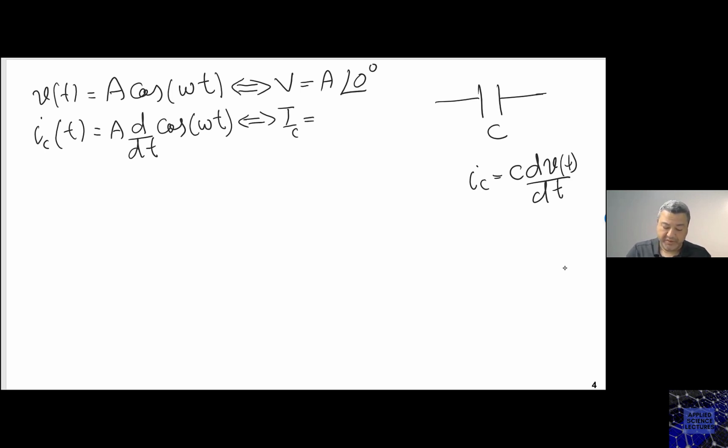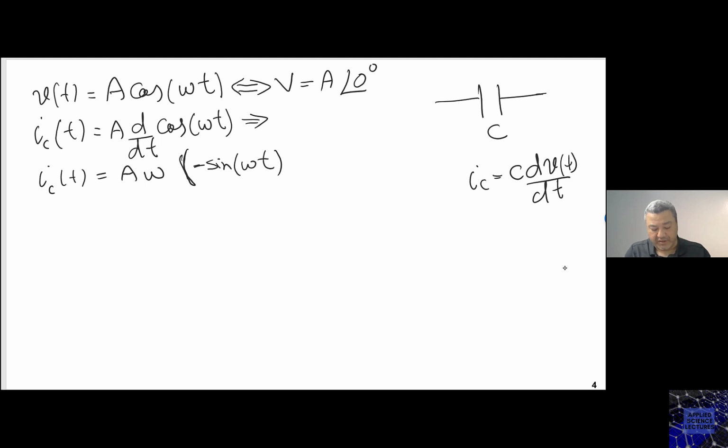Before I do this, let me first calculate the derivative and show you what we mean by using the reference, because once we take the derivative we're not going to get a cosine. So this is going to be minus A omega sine omega t, right?